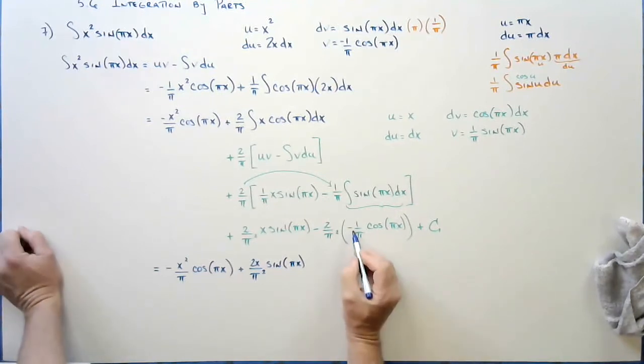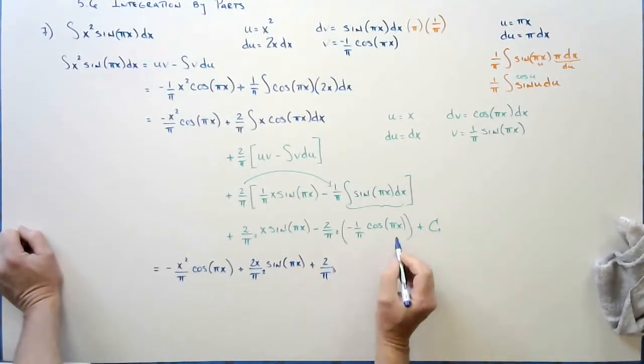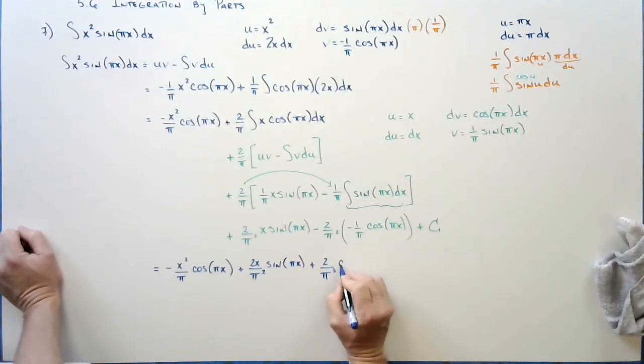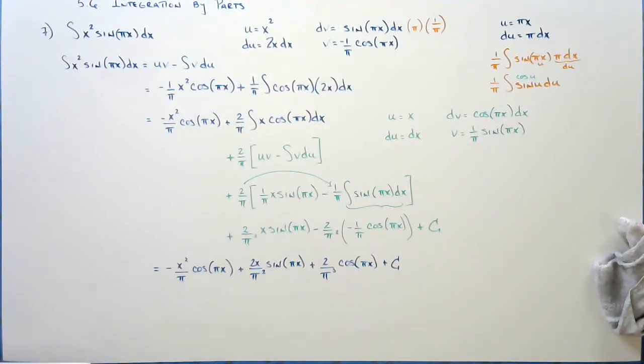And over here, we're going to have a negative times negative. So we're going to get a plus 2 over pi cubed, and we're going to get cosine of pi x plus c.